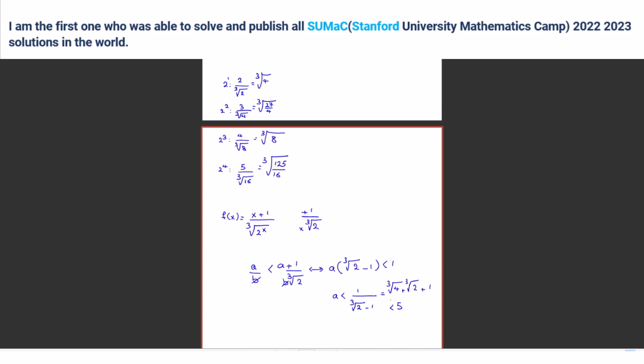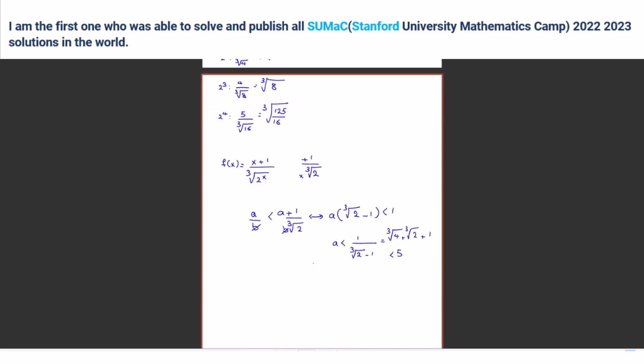So if a is greater than or equal to 5, it is decreasing, right? So, for example, you can check at most until 2 to the 5, right? And in general, if you want to check it with a over b less than a plus 1 over b cube root of p, then again we can say the same thing, right?